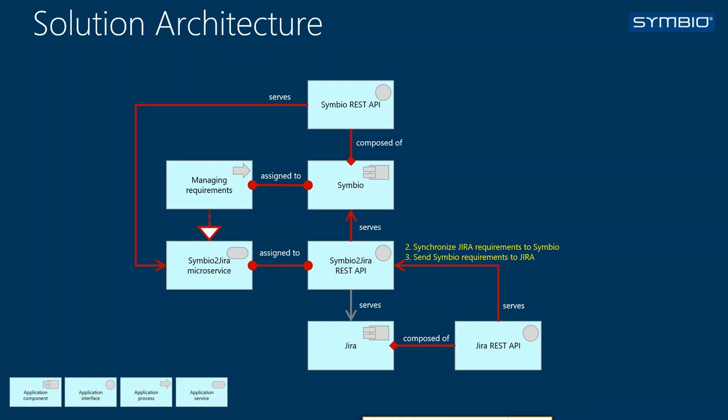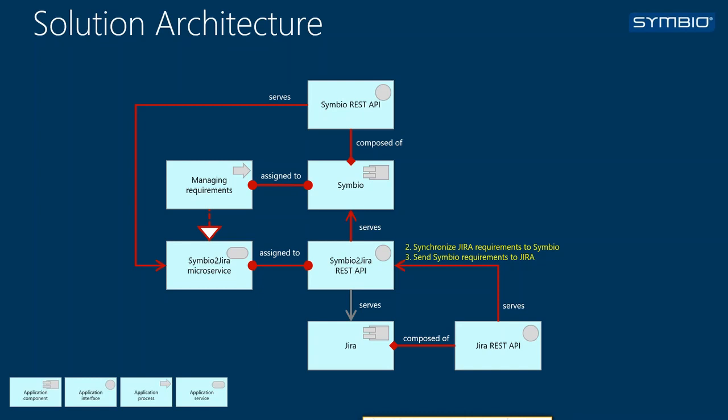And the important fact here is that although you have now followed the path of identifying and defining requirements in Symbio and then migrating them to Jira, it is very possible, and in most cases very practical, that when a team is working on a project in Jira, they will start identifying new requirements.